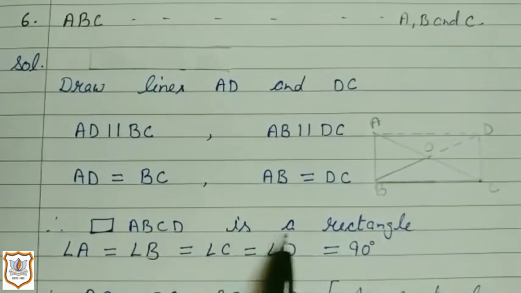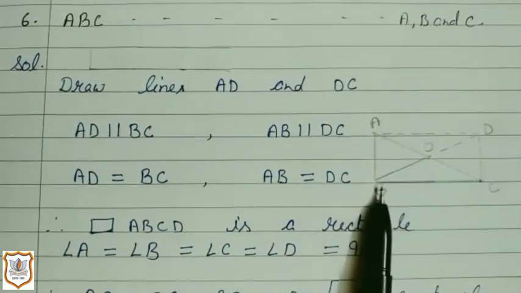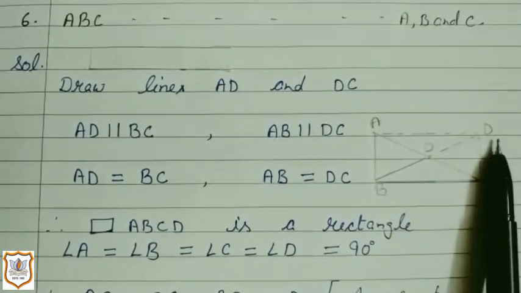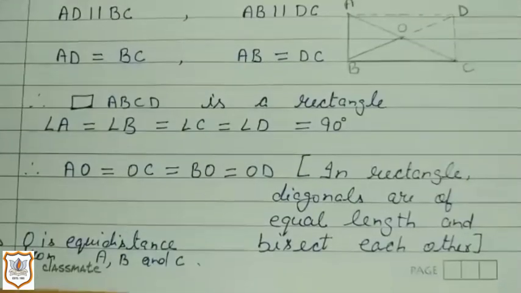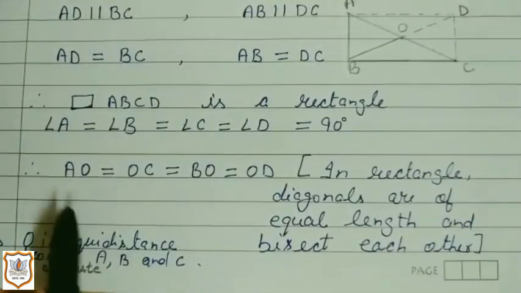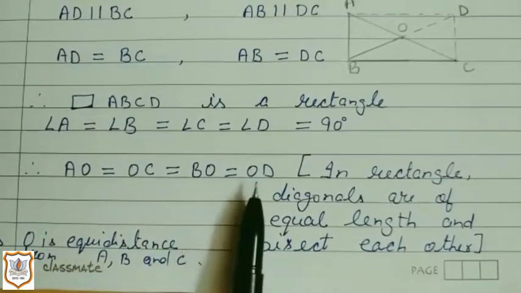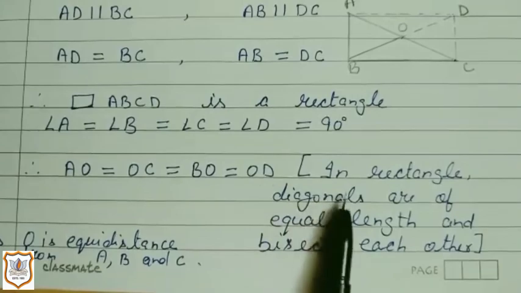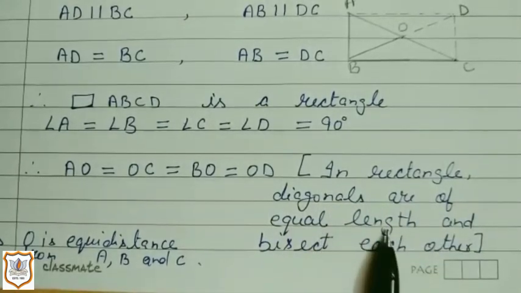Quadrilateral ABCD is a rectangle. So angle A, angle B, angle C, angle D are 90 degrees. In this rectangle, OA is equal to OC is equal to BO is equal to OD, because in a rectangle, diagonals are of equal length and bisect each other.